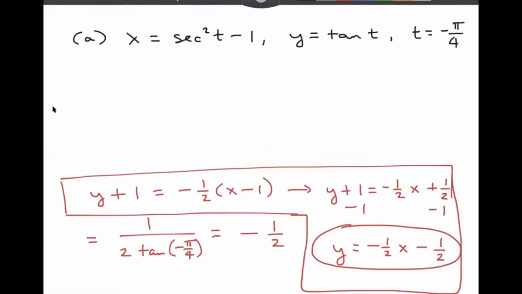We get that from dy dx. Let me start by reminding you that dy dx, also known as y prime, was 1 over 2 tangent t, which I think I'm going to write as 1/2 cotangent t.